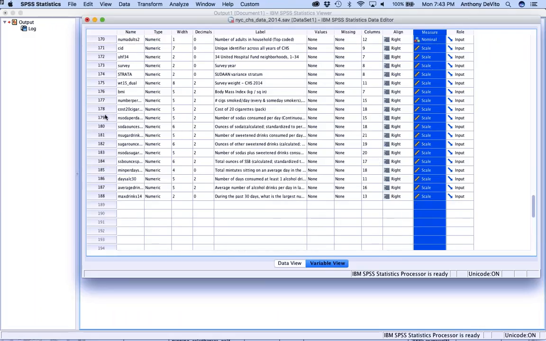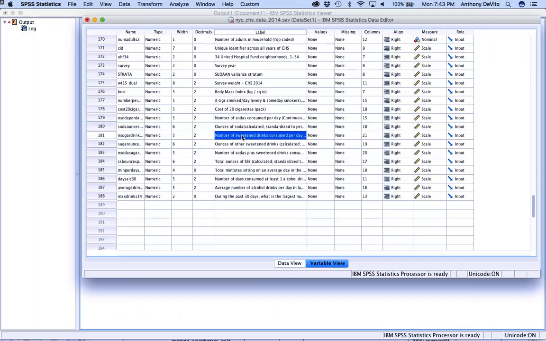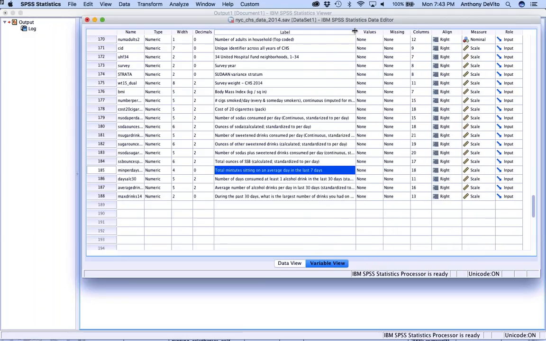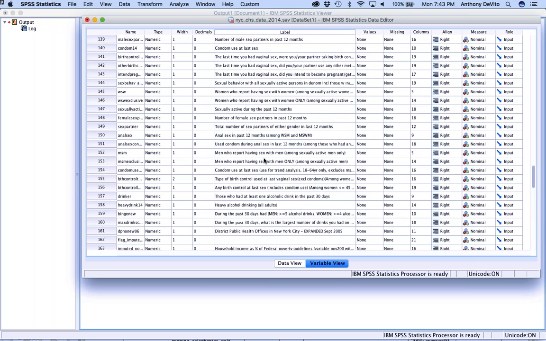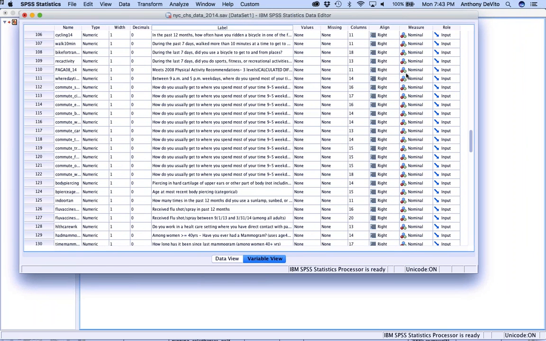Okay, so what do we have here? We have soda, ounces of soda, number of sweetened drinks. We have total number of minutes per day sitting. There are some numerical variables for you to play with, but for the most part, most of that data, even the numerical data, has been summarized in categories in this data set.